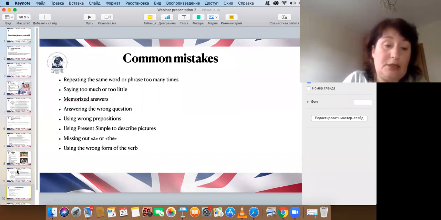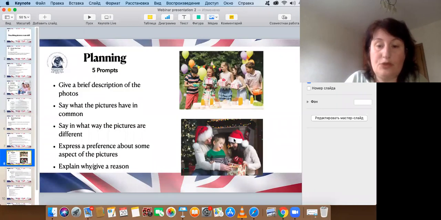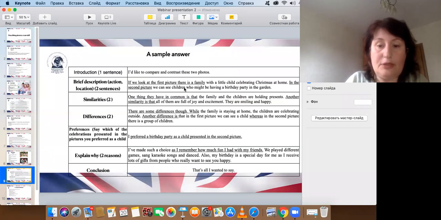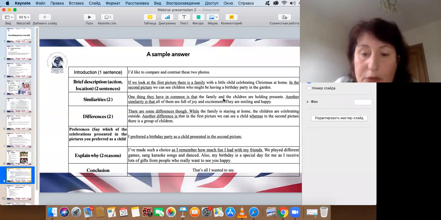Sorry, but I just want to go back to my sample answer. If you remember, with children and child and the family, I just had this difficulty. Look, how many times do I use this word, children? In the second picture, we can see children who might be having a birthday party.